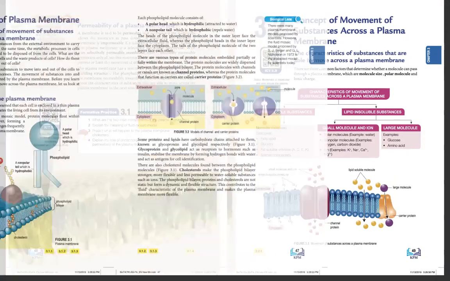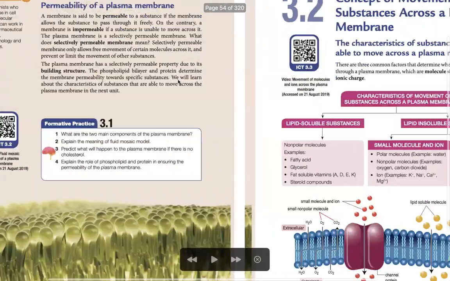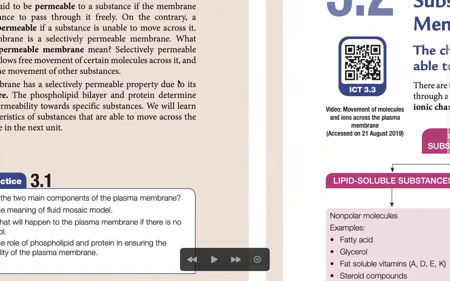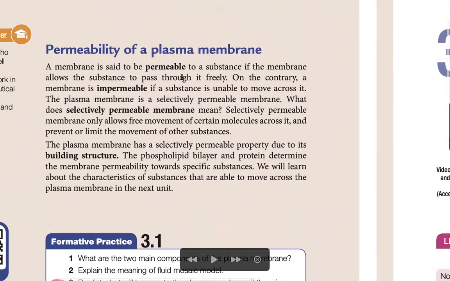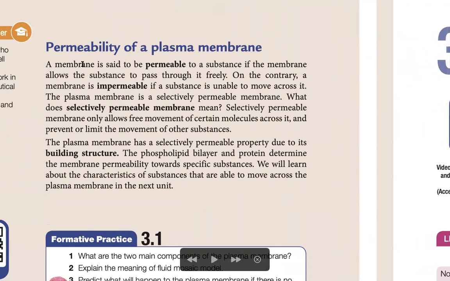Okay, permeability of plasma membrane. What does permeability mean? Okay, let's go. Before we study this subtopic, you should know what permeability means. Okay, I don't want to use the words here.